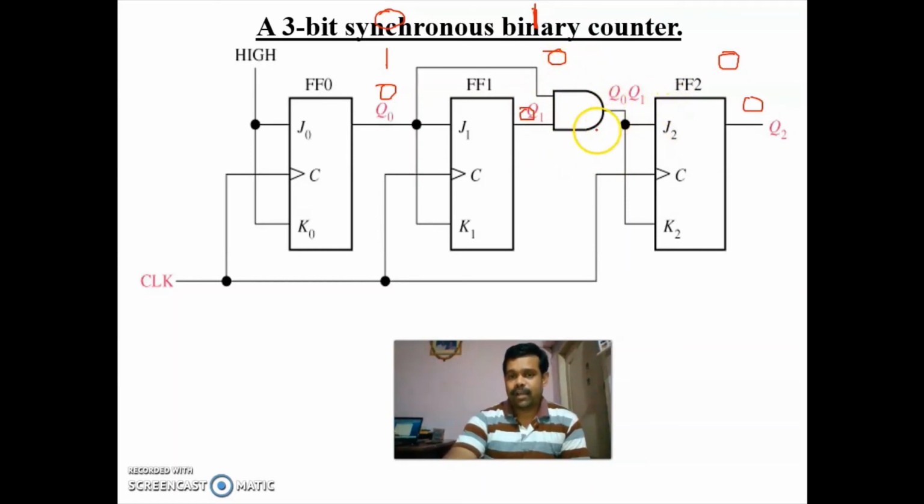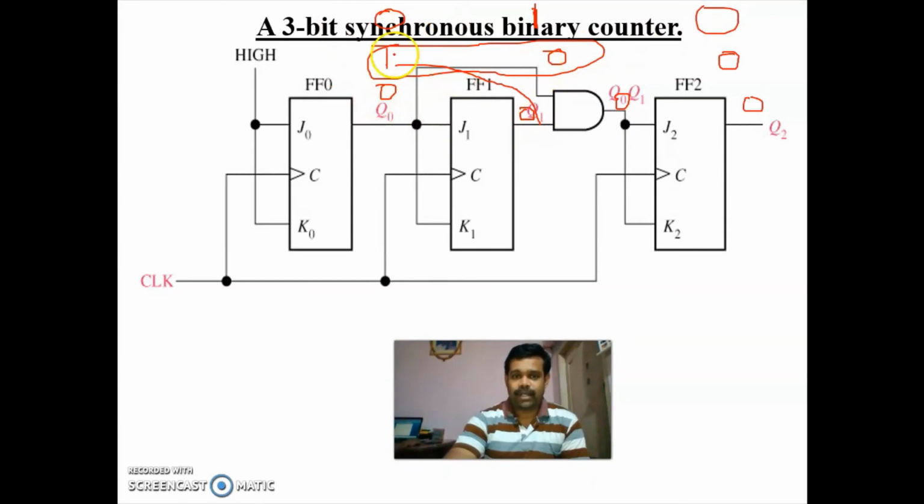During the application of the clock pulse, the input to this flip-flop is, this is the state. No, this state we are considering. So the input is nothing but 1 and 1 is 0. So here we will be getting 0. The output will not change.